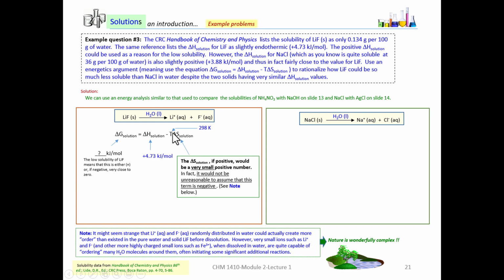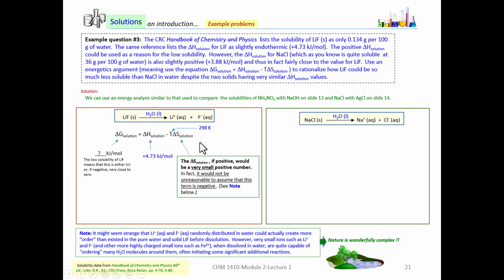If this was actually positive, which happens a lot, remember, for ionic compounds dissolving in water, it would have to be a very small positive number, because if it was too positive, it would make this term too negative, overwhelming this positive delta H and making this significantly negative. We know this can't be significantly negative.